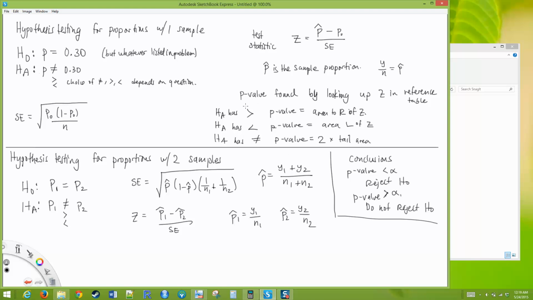And then same rules: your p-value is found by looking up your z in the reference table, and these rules still apply here, and your conclusions are also the same. So this applies to both 1 sample and 2 samples. It's just how you get your standard error and your z test statistic or z-score that differs. So keep that in mind. You'll probably want these formulas somewhere on your note card for this week's quiz.